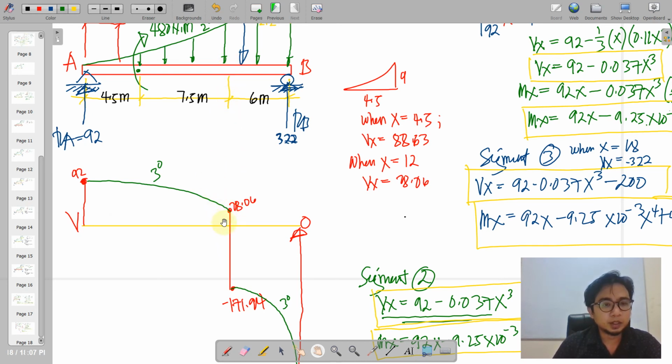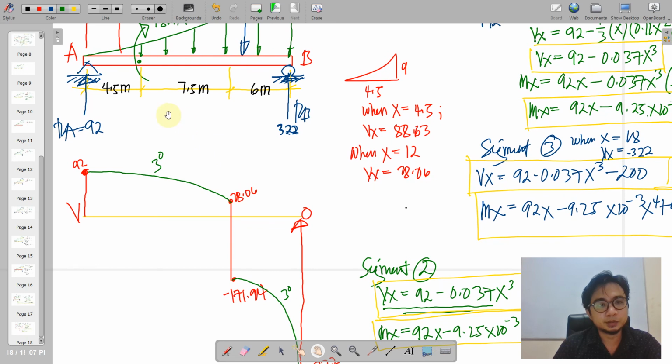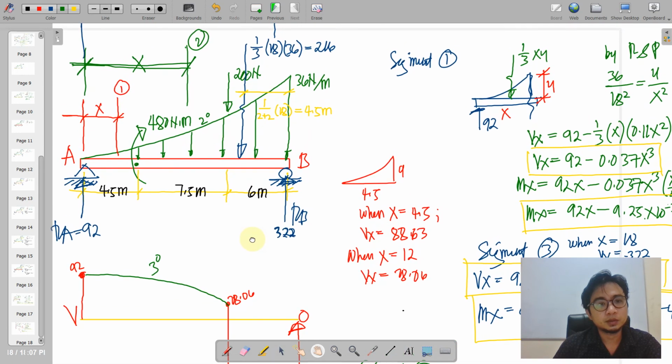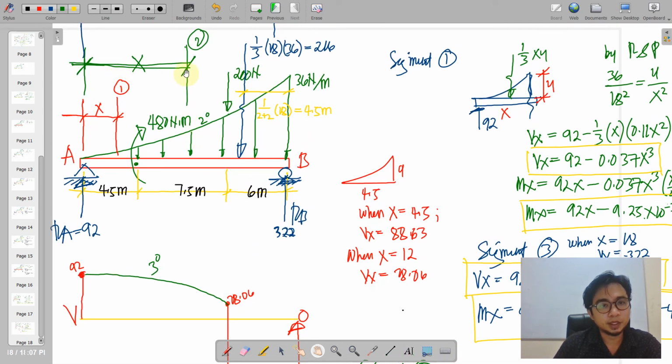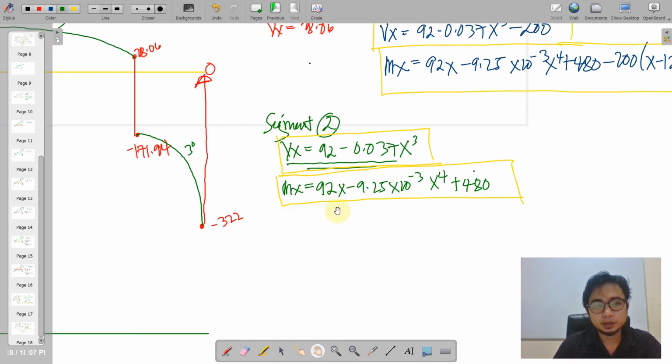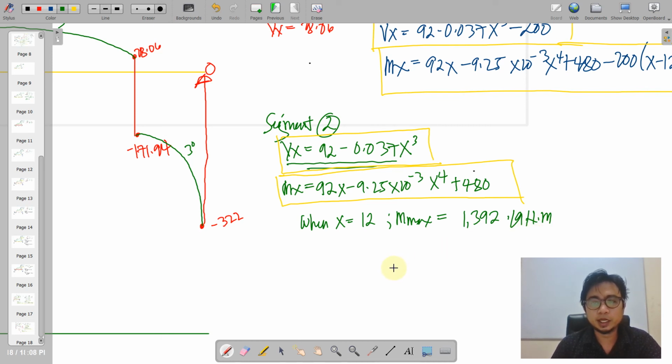We do not need any calculation to locate this, because this is already defined by its distance, that is equivalent to 12. So all we need is to substitute 12 in our equation of segment number 2. Where is that? So here it is. When x is equal to 12, the maximum moment is equal to 1392.19. Okay, so this is the maximum moment.